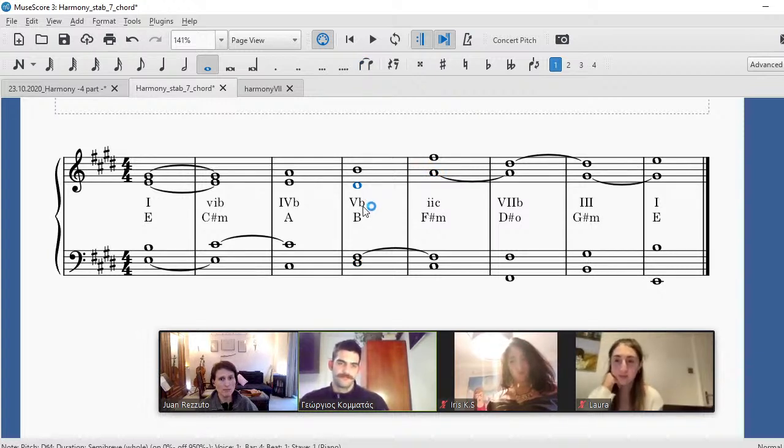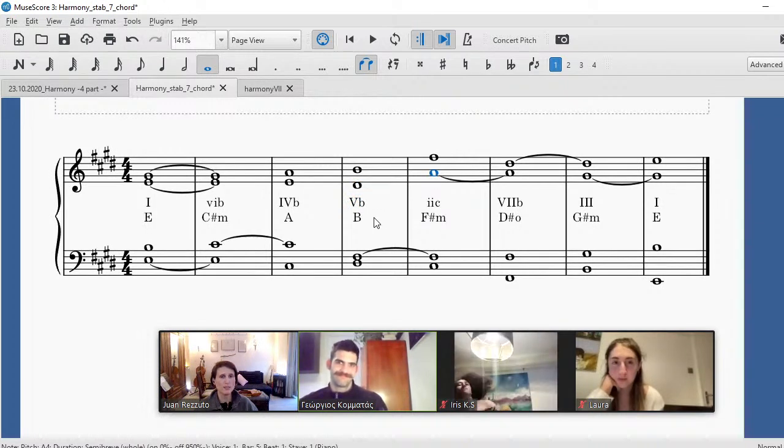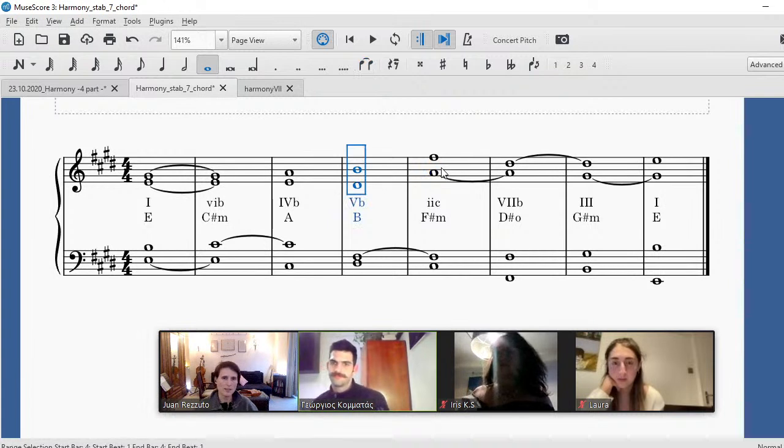You have a B in first inversion, but two leading notes, and none of them go to the tonic. The other one is even worse because it jumps up a diminished fifth. And it also has a huge distance between the alto and soprano.